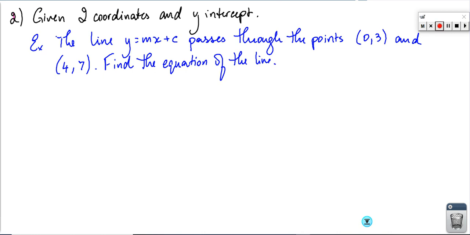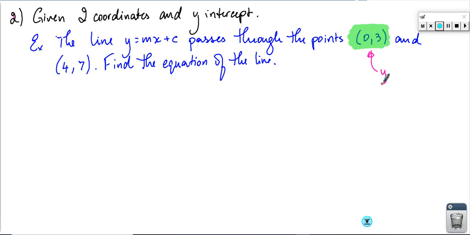So, when we analyze these two coordinates, one of those two coordinates is a very important coordinate, and that is the coordinate 0,3. Why is that so important? This coordinate means that that point lies exactly on the y-axis because it has an x value of 0 and the y-axis of 3.